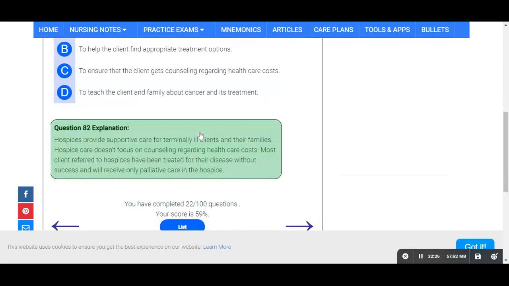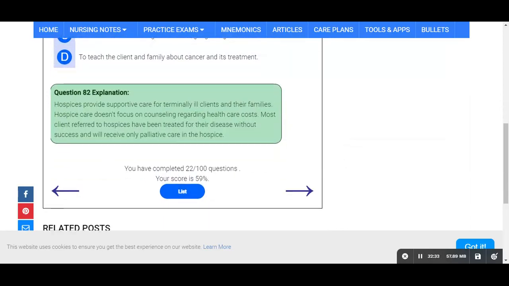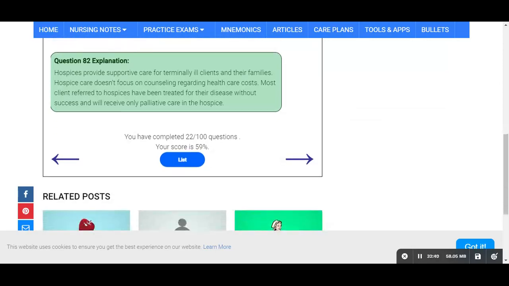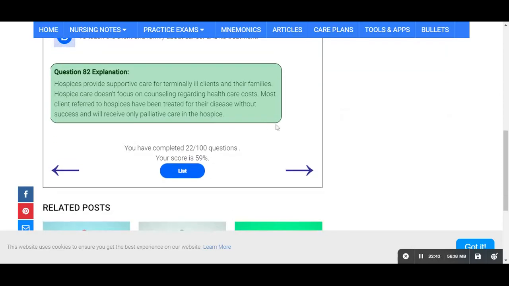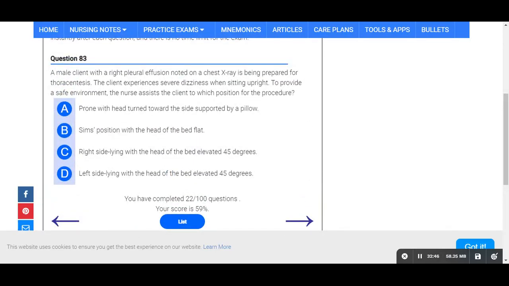So it is correct. Hospices provide supportive care for terminally ill clients and their families. Hospice care does not focus on counseling regarding healthcare costs. Most clients referred to hospices have been treated for their disease without success and will receive only palliative care in the hospice. Now let's try another one.